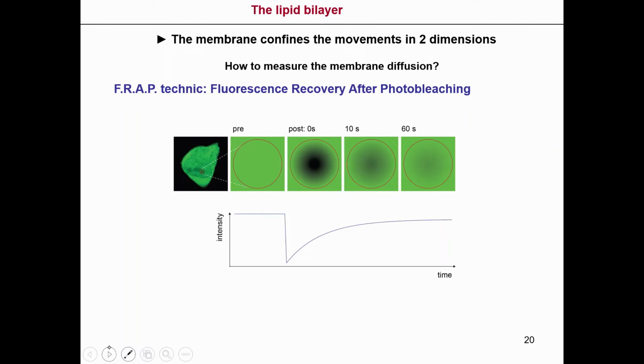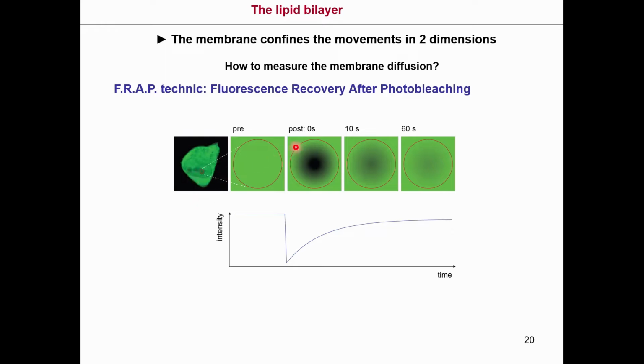So how can we measure the membrane diffusion? We can use a technique which is called FRAP, fluorescence recovery after photobleaching. So how do we do that? We will put fluorescent molecules in the membrane. That's why you can see something green.